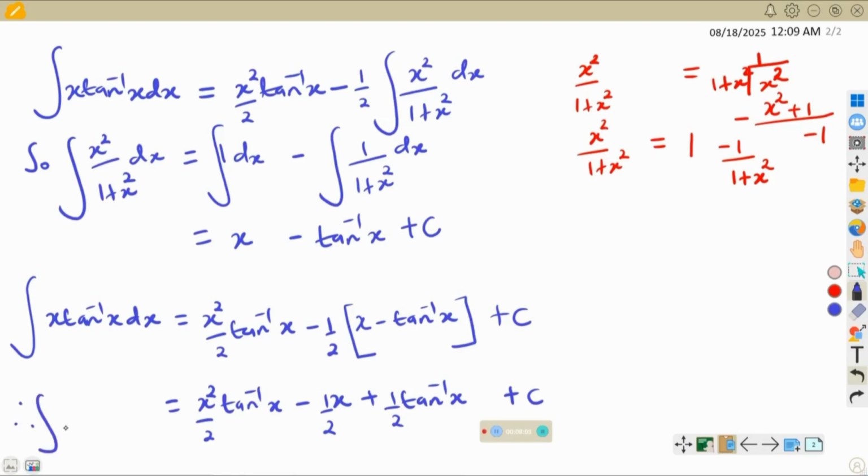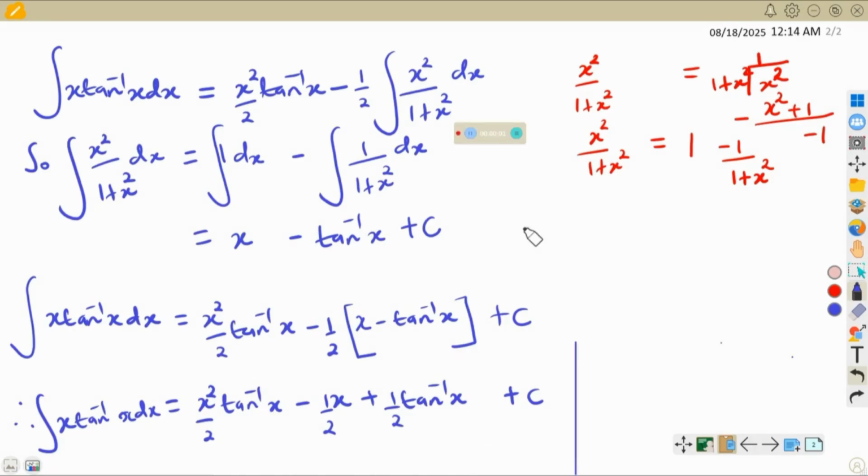Therefore, the integral of x tan inverse x dx is equal to x squared over 2 tan inverse x minus a half x plus a half tan inverse x plus a constant c.